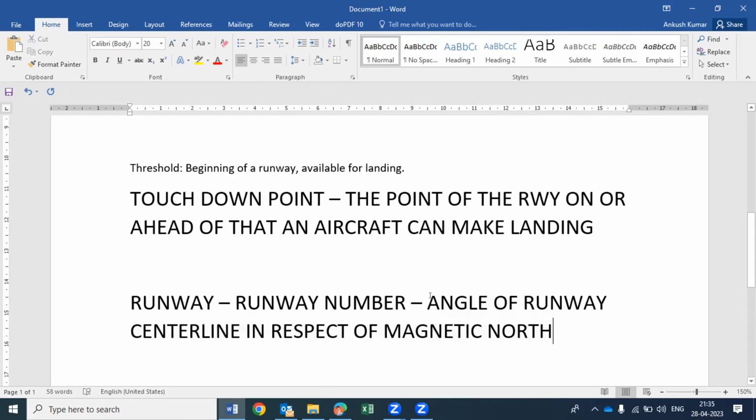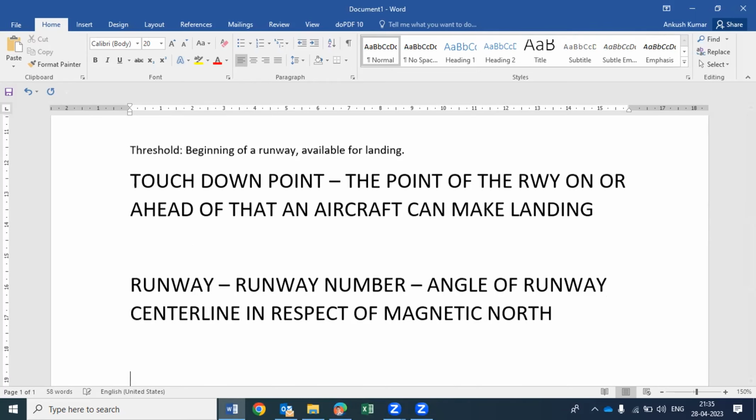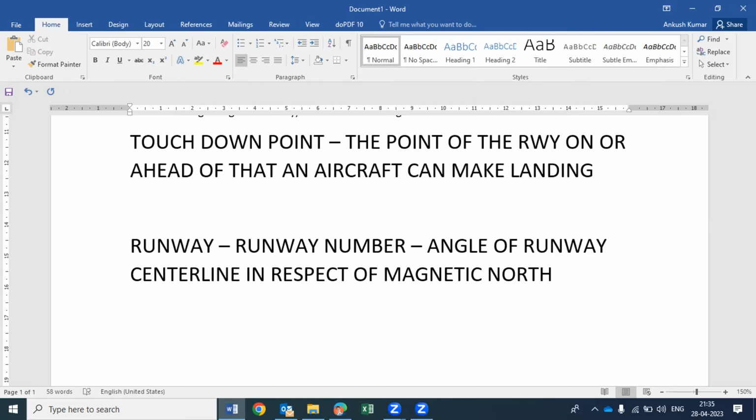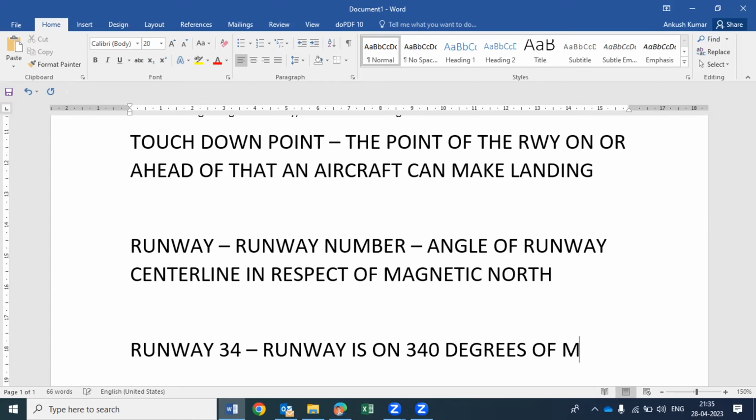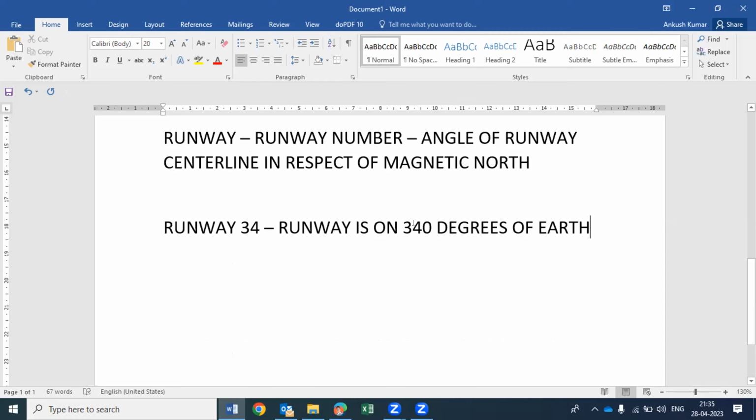Runway number means the angle between the Earth's magnetic north and the runway center line. So, if you are saying somewhere runway 34, it means the runway is on 340 degrees of Earth. Okay, I'm explaining these points to you.